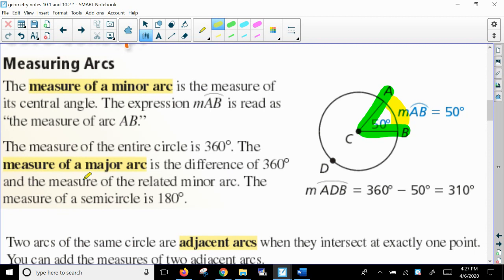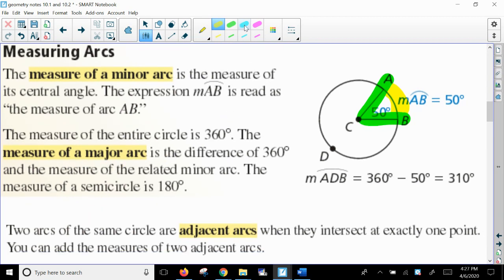Now, for a major arc, those are your arcs more than 180. You need to remember that a full circle is 360 degrees. So if you knew the minor arc, you just subtract your minor arc from 360, and you get your major arc. So right here, the rest of the circle is your major arc.